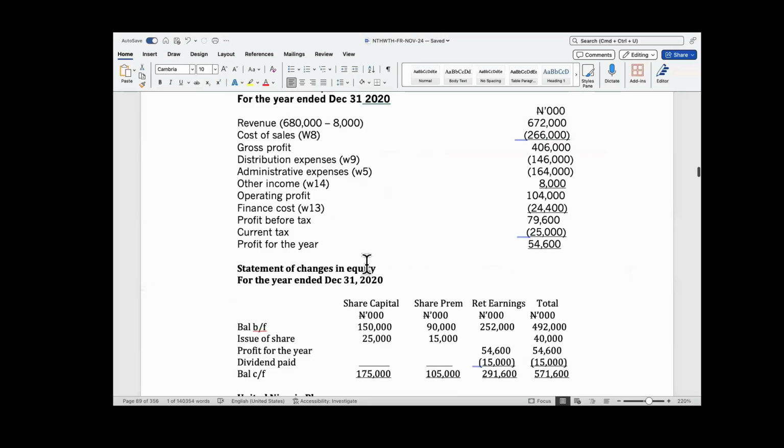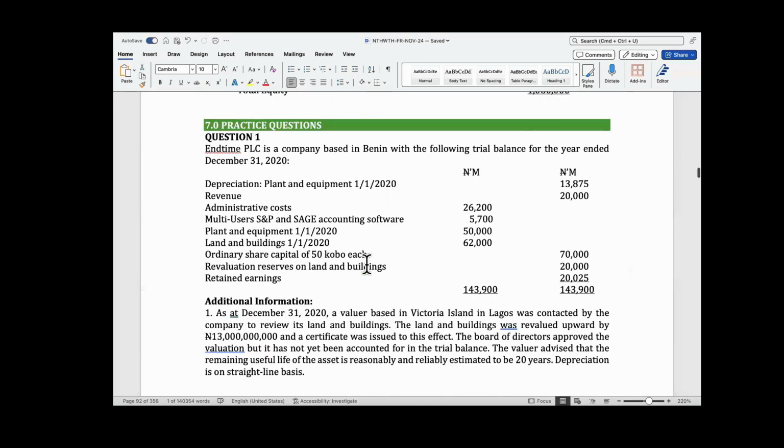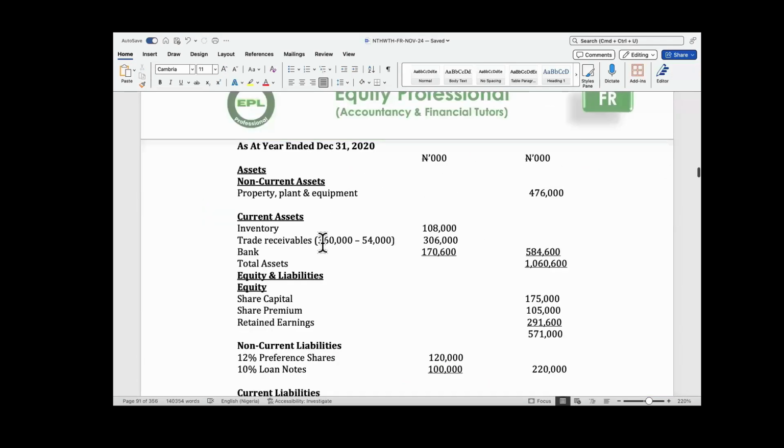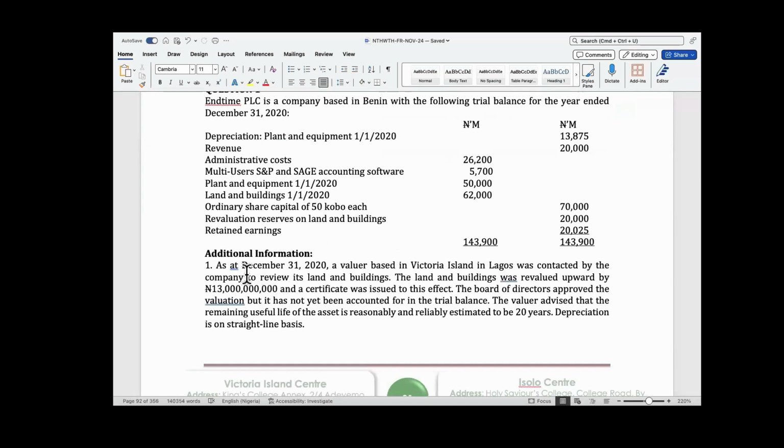And there's another one here that I put as practice question, end time. This is even the one I'm more concerned about because I'm still going to teach you this later. I'm just going to solve something similar. This one is similar to the one we just finished solving.